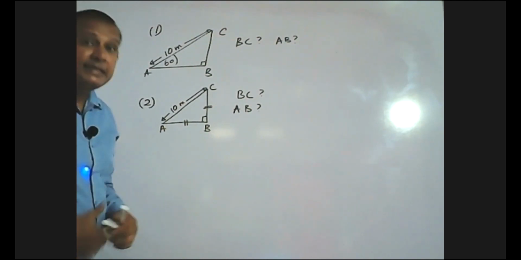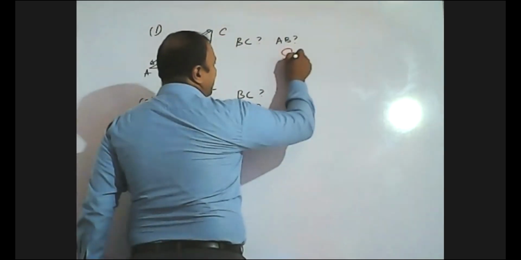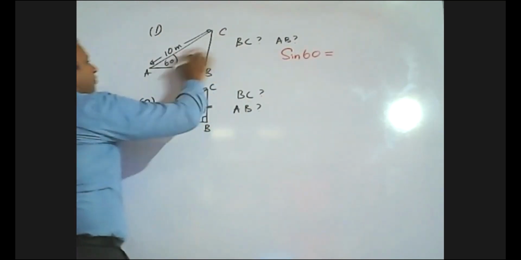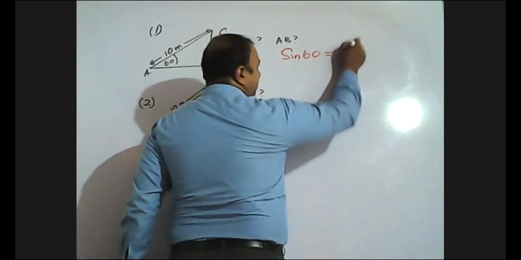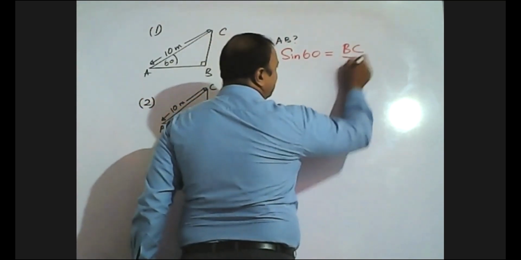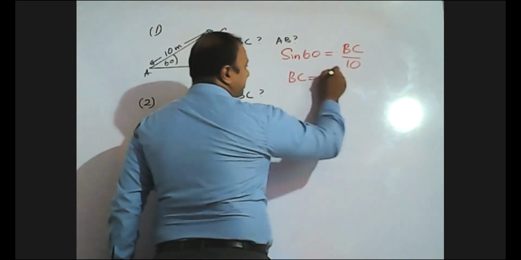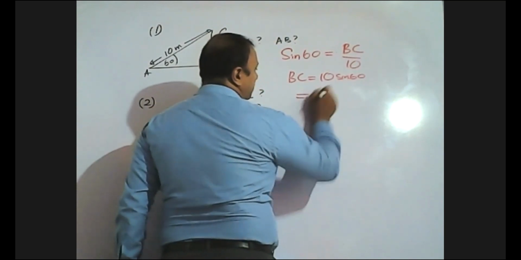It is sine theta. So I can write sine 60 equals BC over 10, so BC is equal to 10 times sine 60.